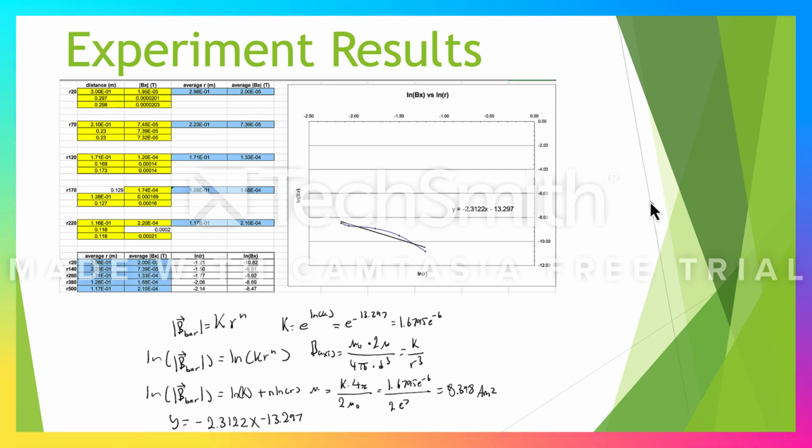After rearranging the third equation, you get 1.6975 times 10 to the negative 6 divided by 2 times 10 to the negative 7, and then you get 8.398 ampere meters squared, as you saw in the results.